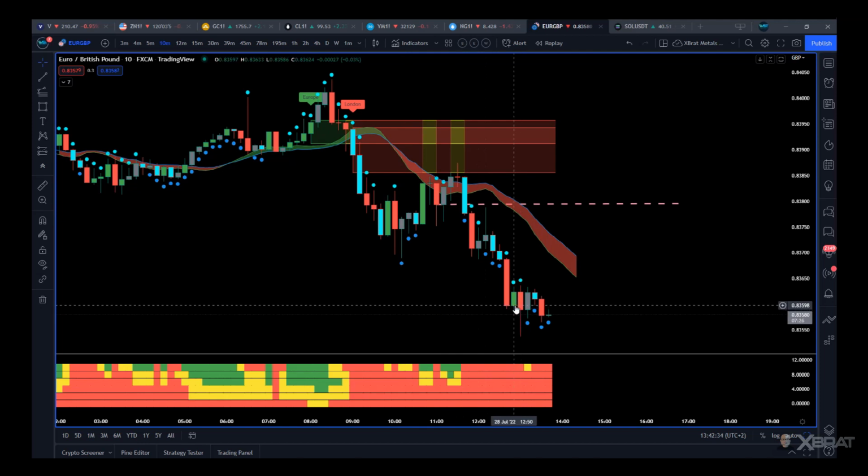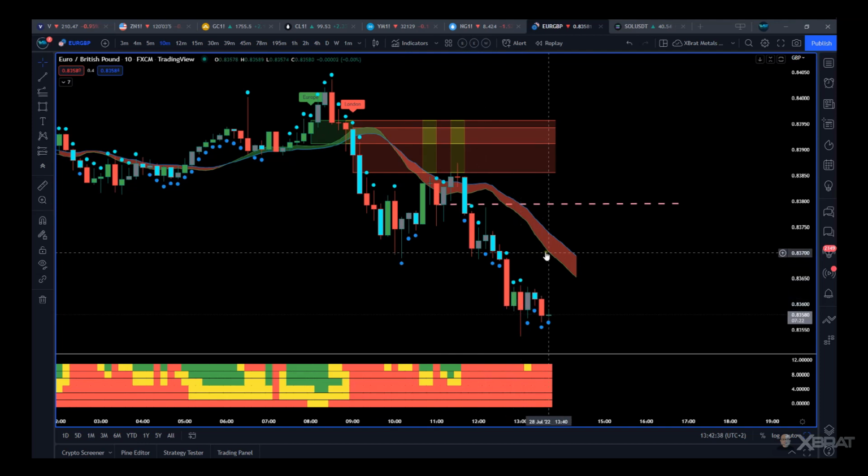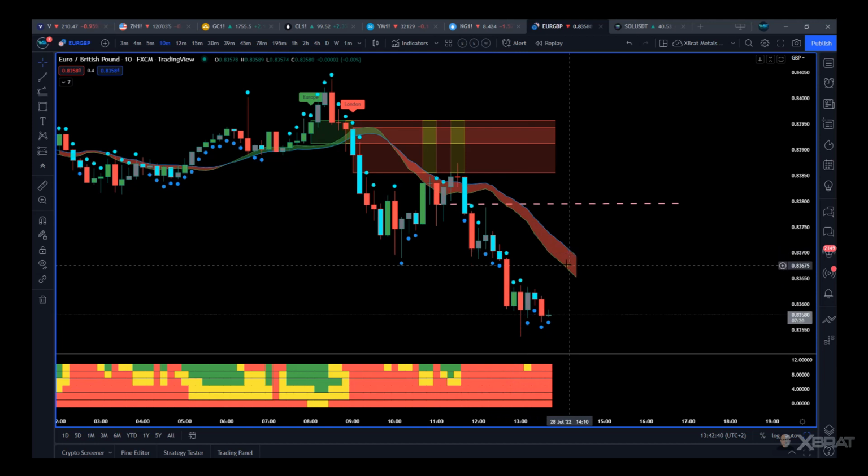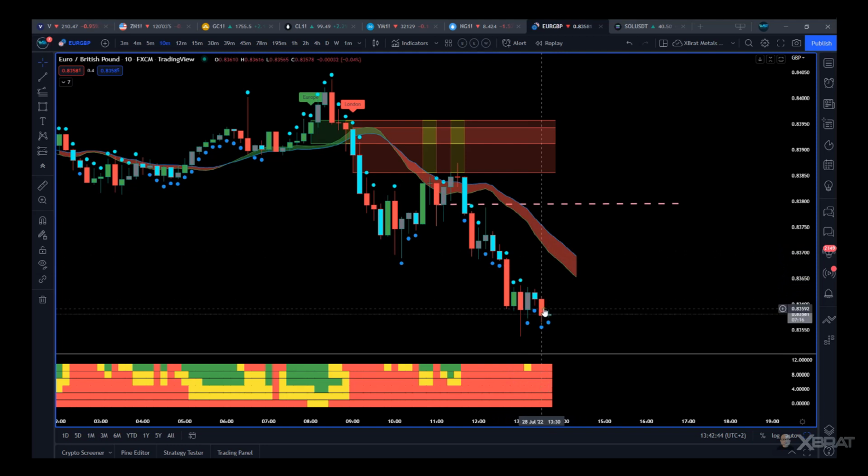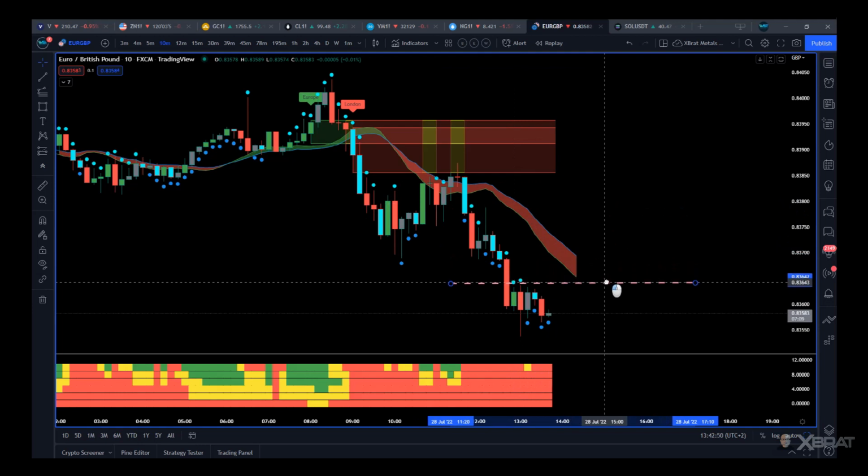If we get two consecutive green candles with higher than average volume, we flatten. If the ribbon turns green, we flatten. If we push down below this pivot, I'm quite happy to move my trailing stop just above all of this resistance right here. But right now, I just need to let it play out.